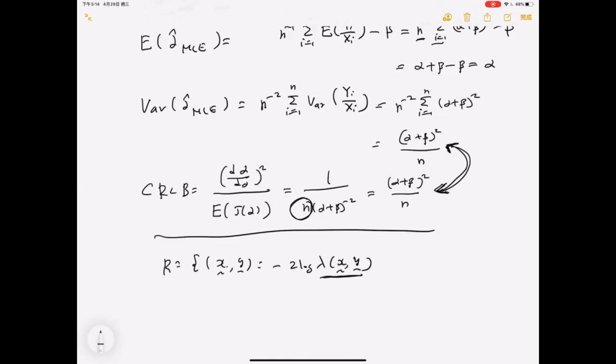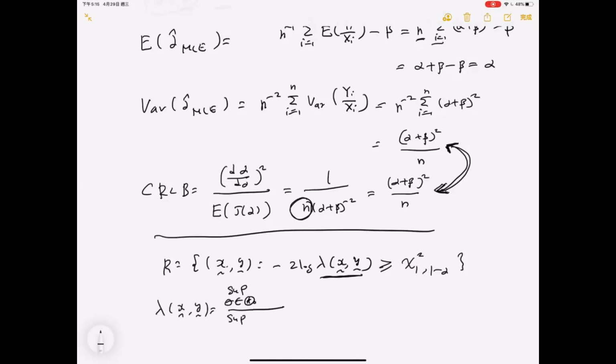Then you take minus 2 log lambda, and you know that it asymptotically follows a chi-square distribution, and the cutoff would be chi-square 1, 1 minus alpha. Of course, if you really want to write lambda, it's fine as well. It's the supremum based on the null space.